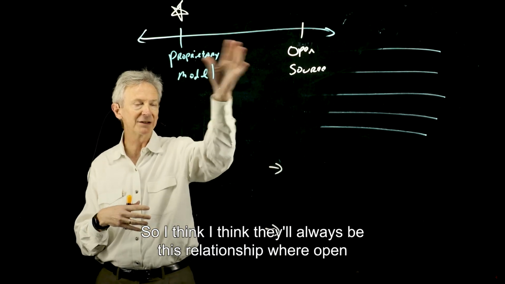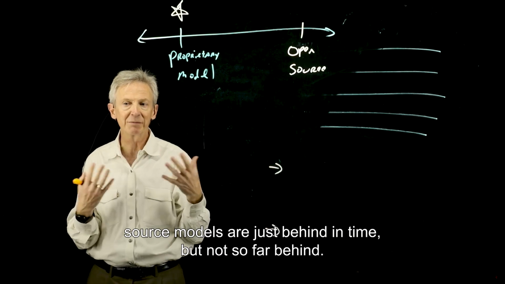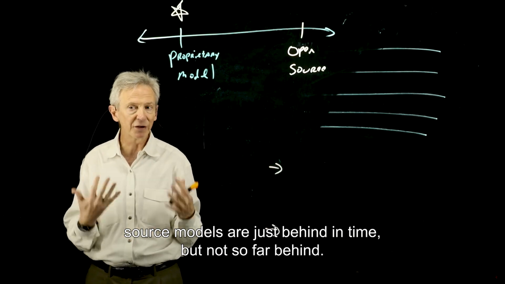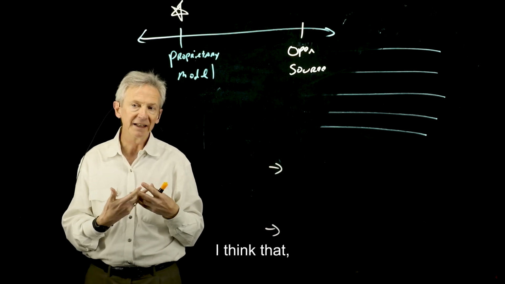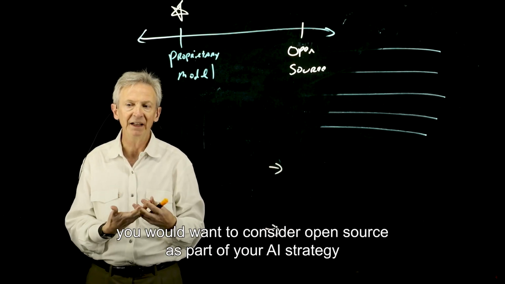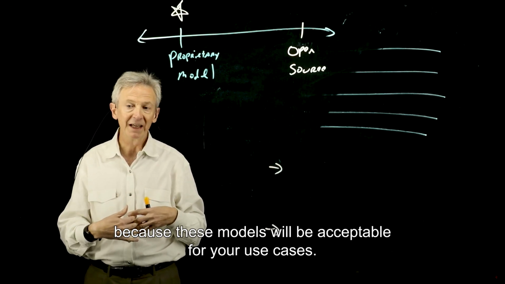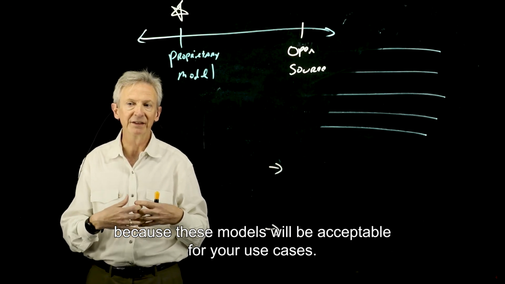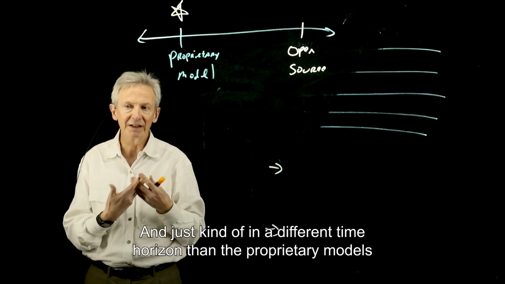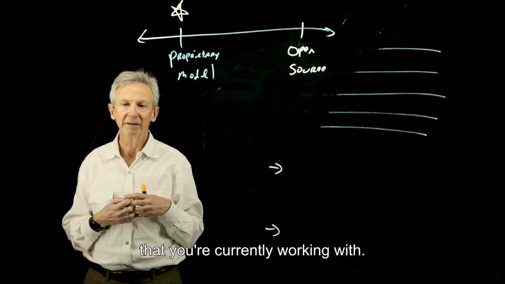So I think there'll always be this relationship where open source models are just behind in time, but not so far behind. I think you would want to consider open source as part of your AI strategy, because these models will be acceptable for your use cases and just in a different time horizon than the proprietary models you're currently working with.